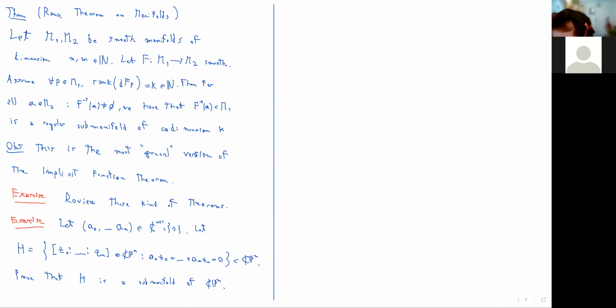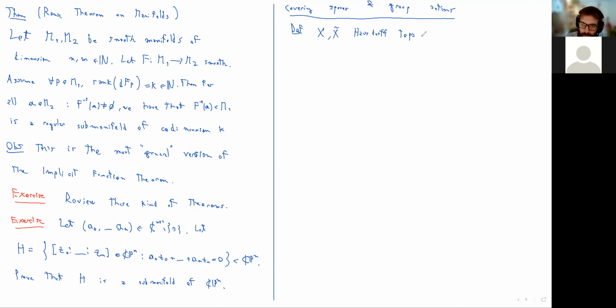Okay, our review continues, and now we're going to talk about covering spaces and group actions. So we start with two Hausdorff topological spaces, and we assume they are connected and locally path connected.